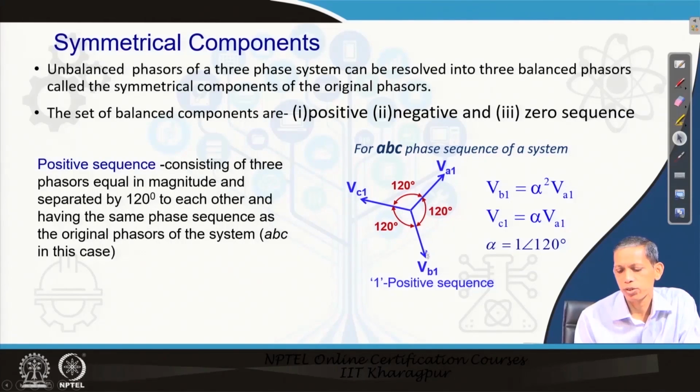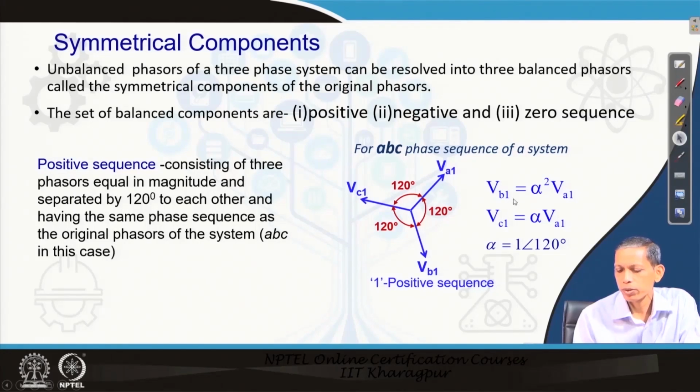Therefore, the phase sequence is ABC, the same as the phase sequence of the system. The magnitude of each phasor is the same and they are 120 degrees apart. So if we write VB1 in terms of VA1, then from VA1 we go 120 degrees, another 120 degrees, and we reach VB1.